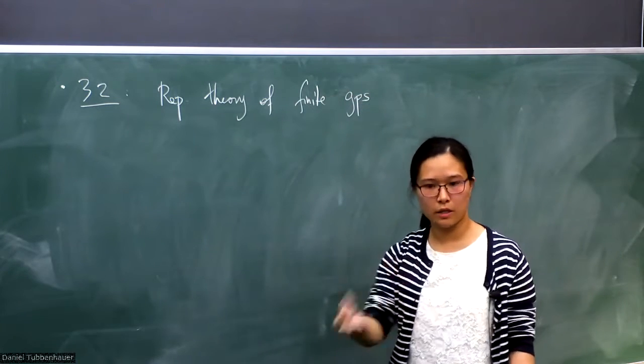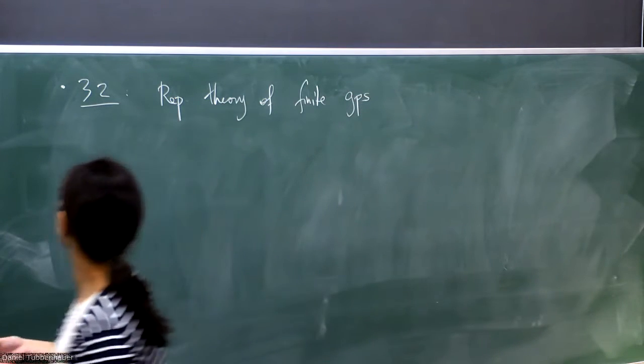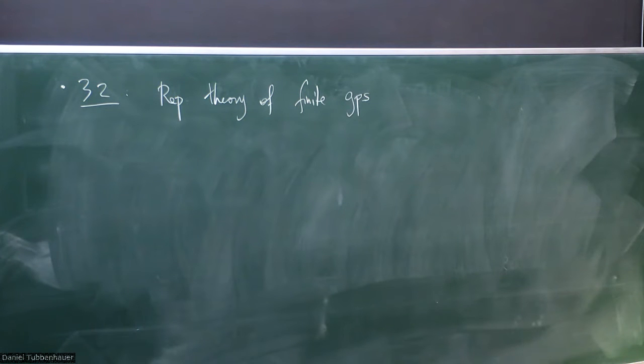Some key questions that we can ask are, of course, how do we relate the representation theory of a finite group G with that of its local subgroups? Local meaning non-trivial p-subgroups, that normalize, that centralize, things like that, and sort of local-global theory.